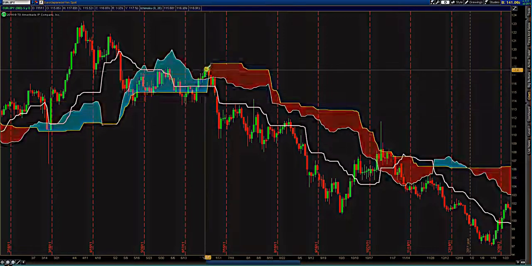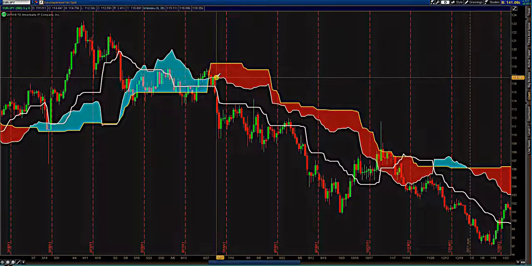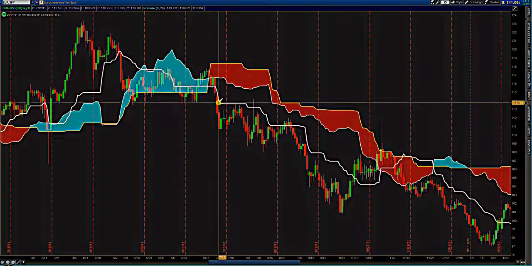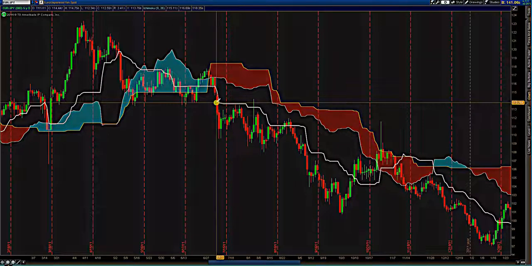Like I said, if price breaks below the Kijun and below the cloud, that gives me more reason to try to get short. It's breaking below two bearish support levels, in my opinion. So that's another good way to create your own trading style and trading plan.